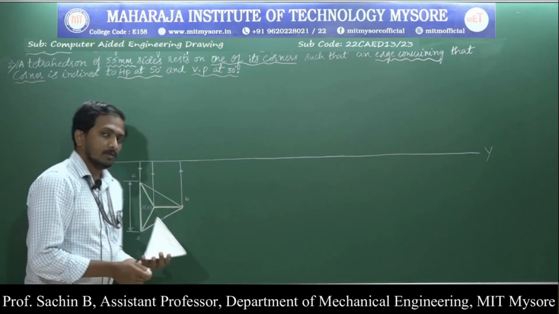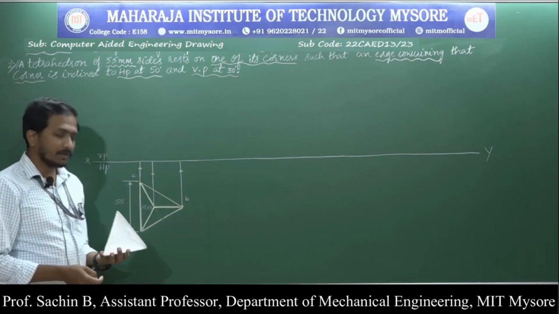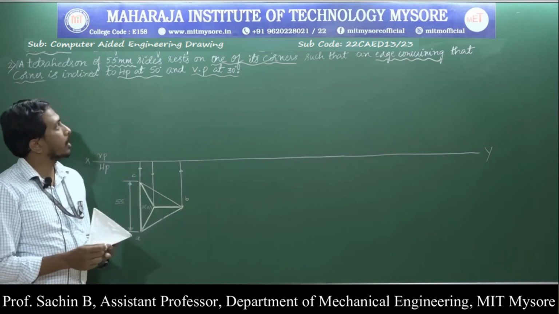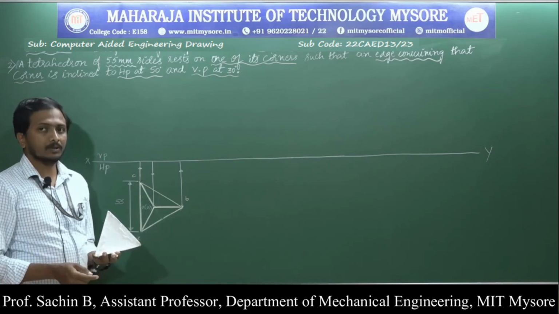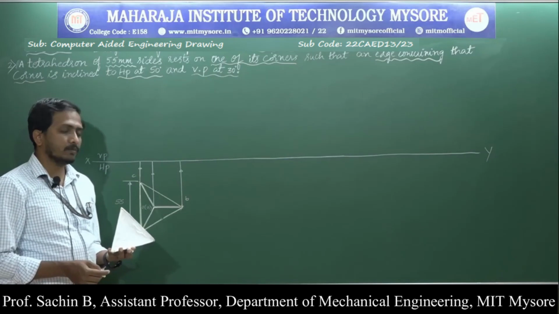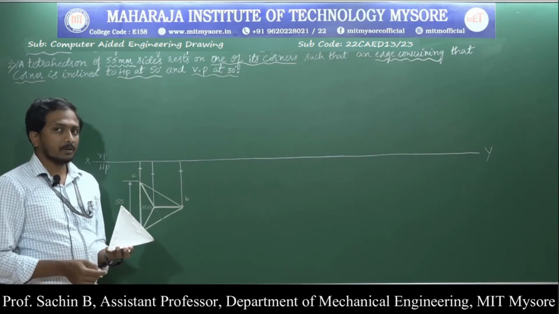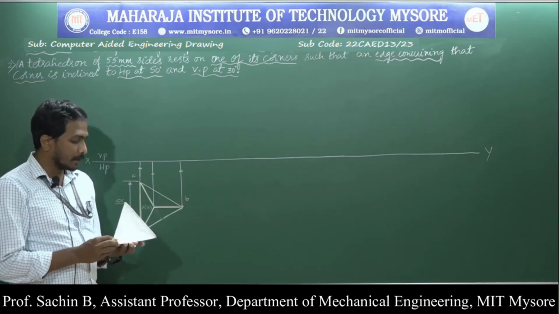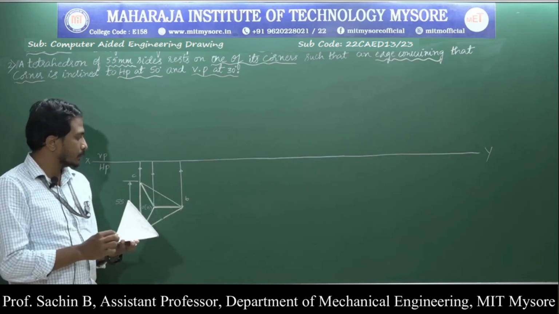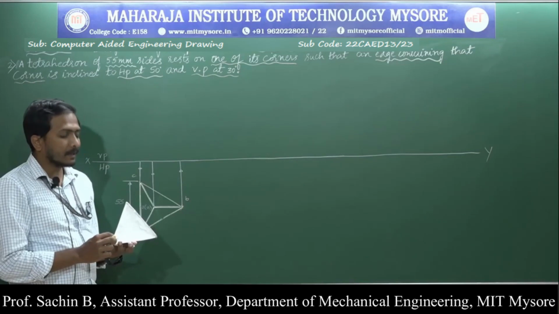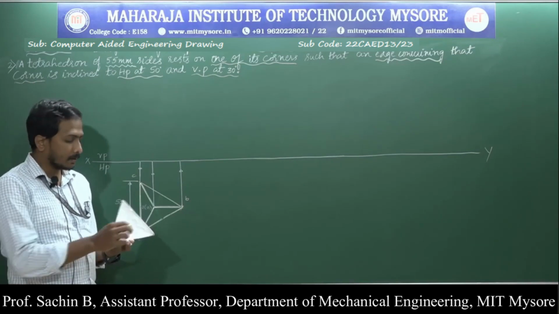Now in the problem they have given a tetrahedron with 55 millimeter sides of base. Now how do we construct the front view of the object? By the appearance of the object to the observer, this slant edge will look like an inclined line at some angle.